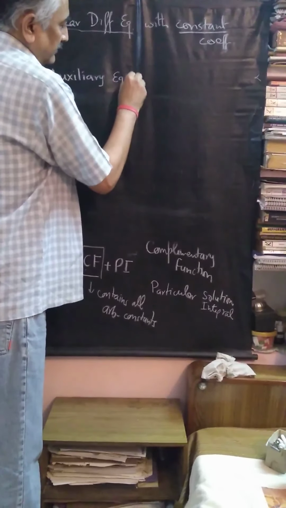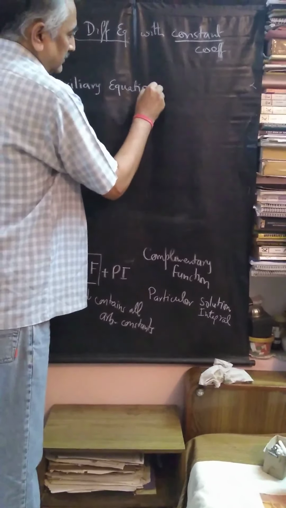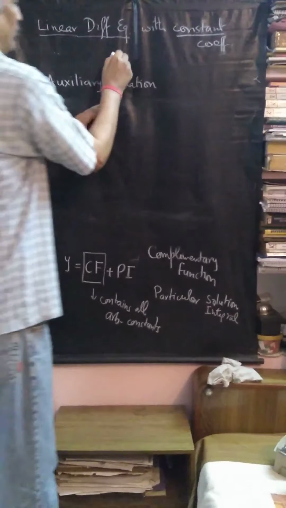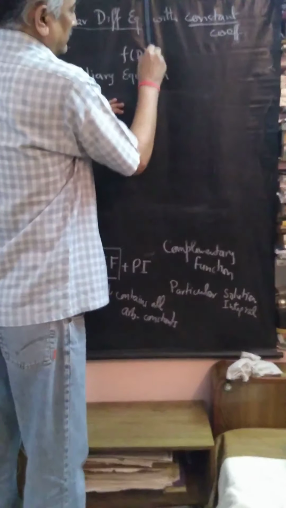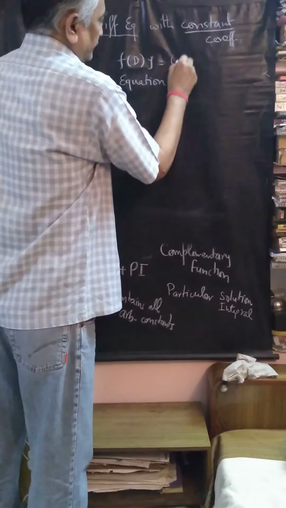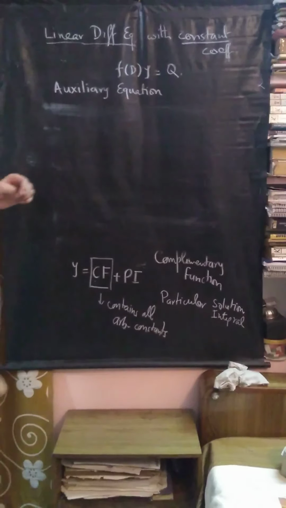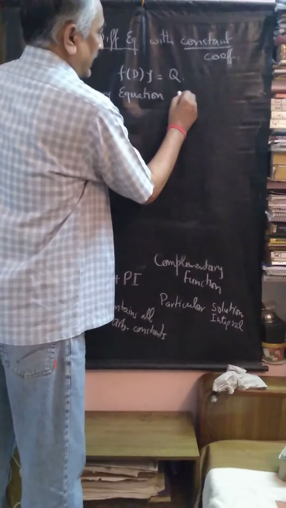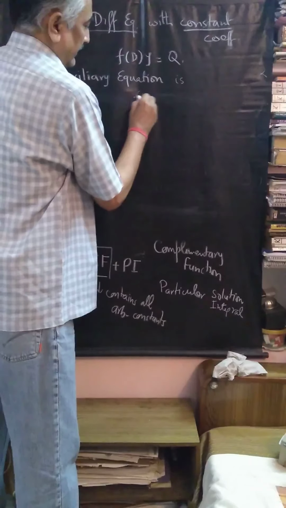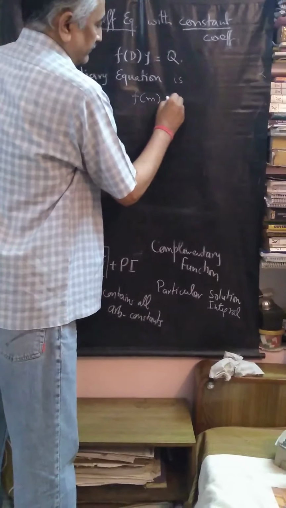Auxiliary equation corresponding to a linear differential equation with constant coefficient is given by f(m) equal to 0.